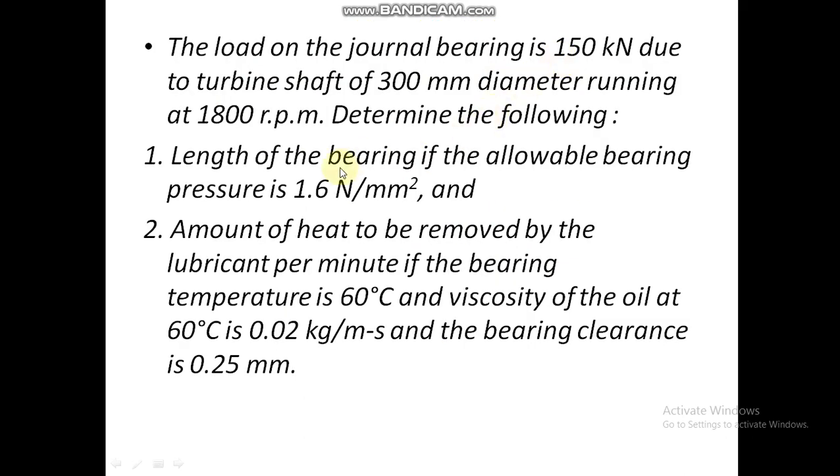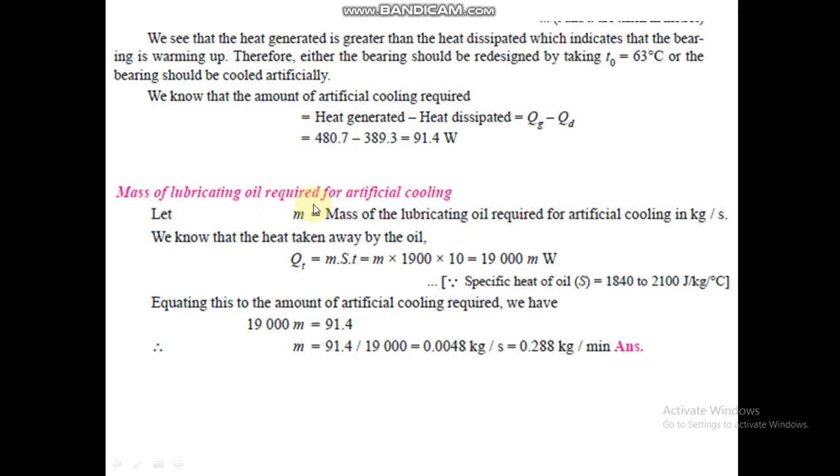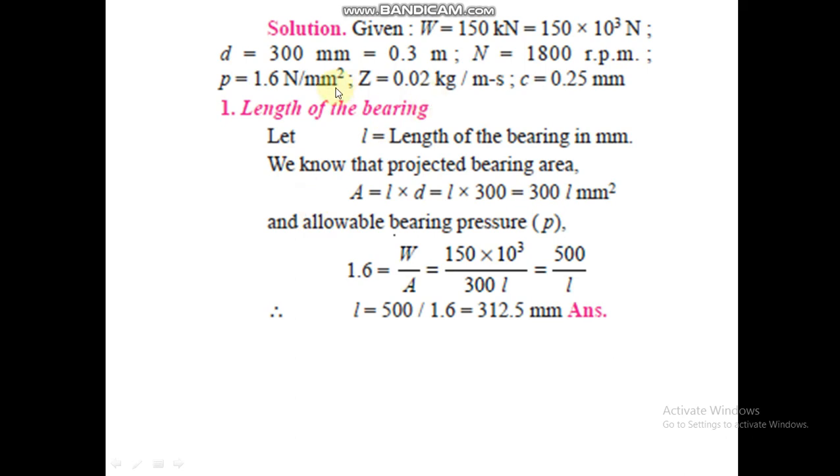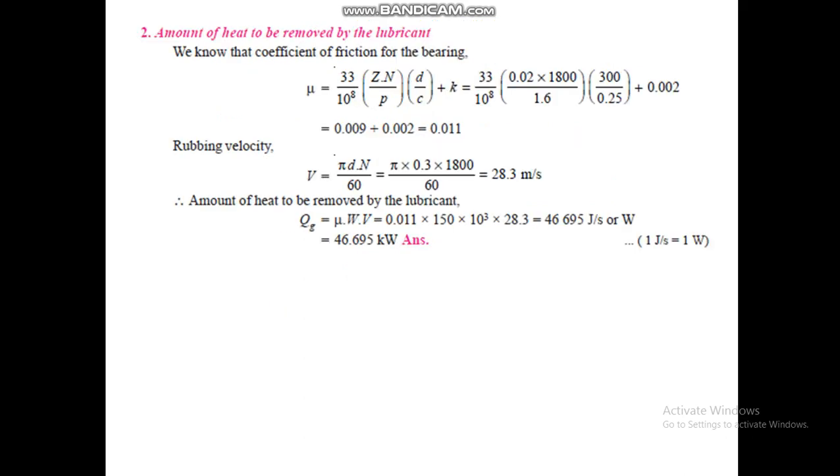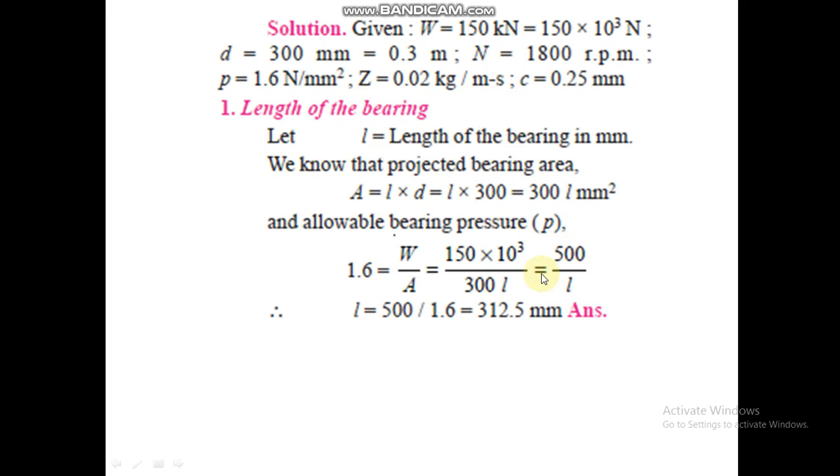Determine the following. Length of the bearing if the allowable bearing pressure is 1.6. So the bearing pressure is given to you as 1.6, and you have to find the length of the bearing. How will we calculate the length of the bearing? We will apply the formula for pressure.